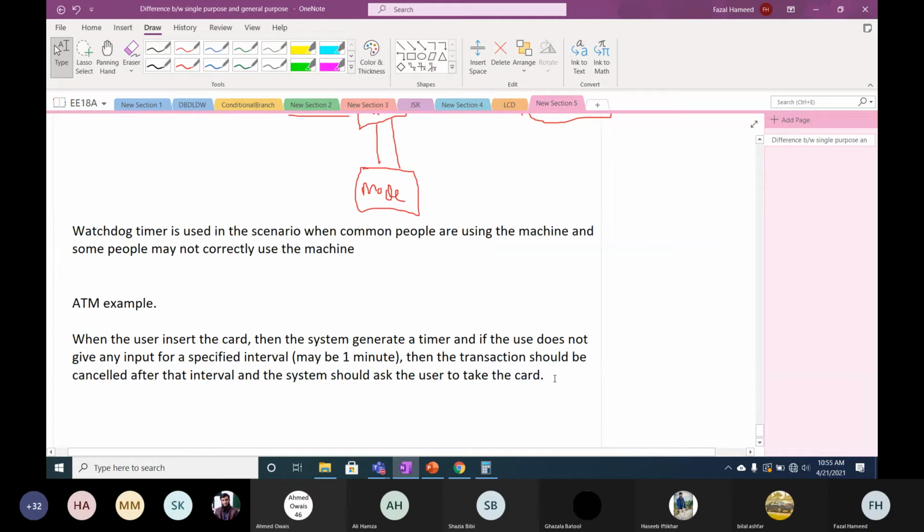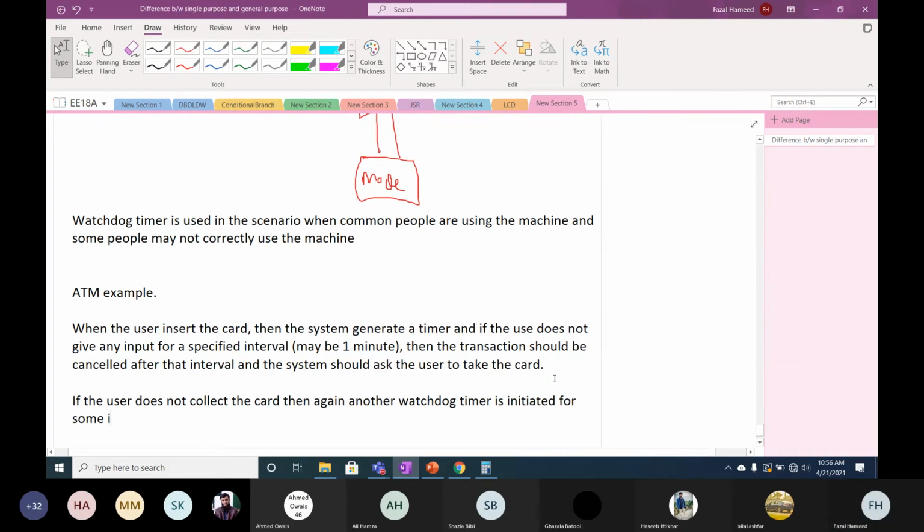Another scenario: if the user does not take the card, then again a watchdog timer is initiated, and after some time the system should drop back the card.